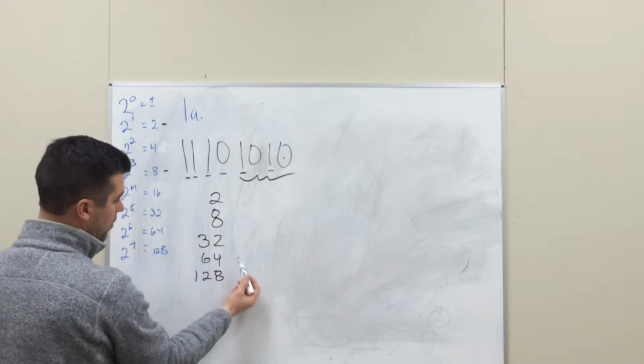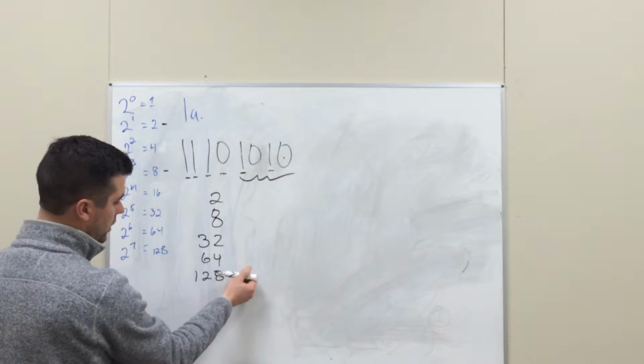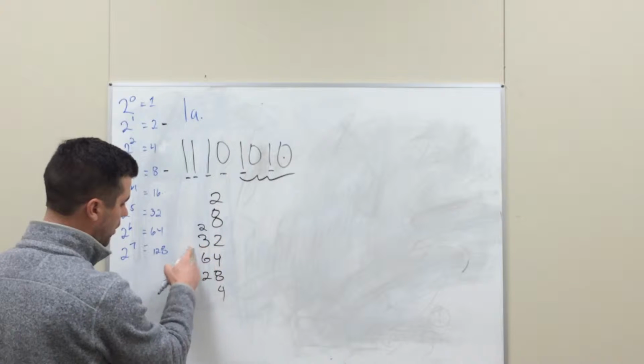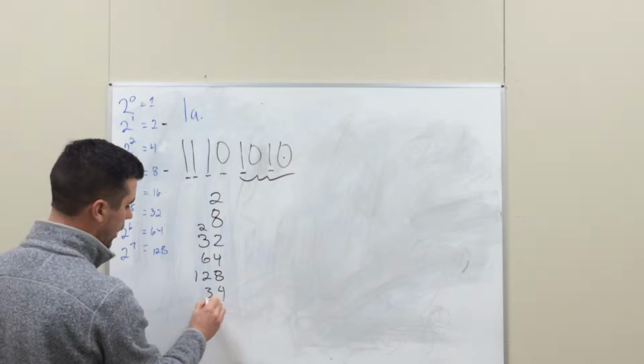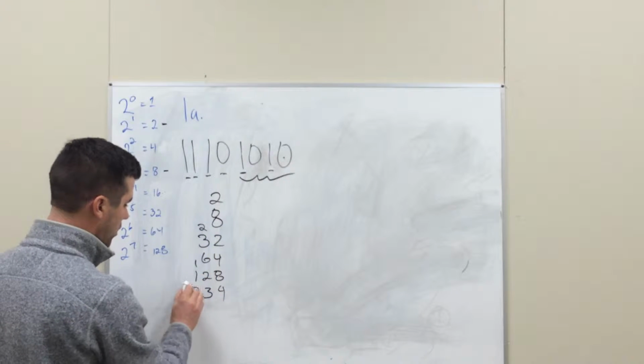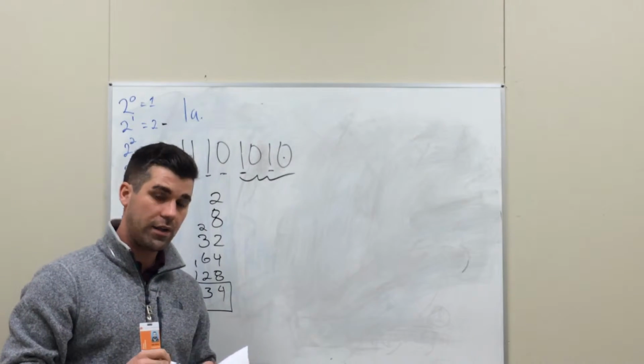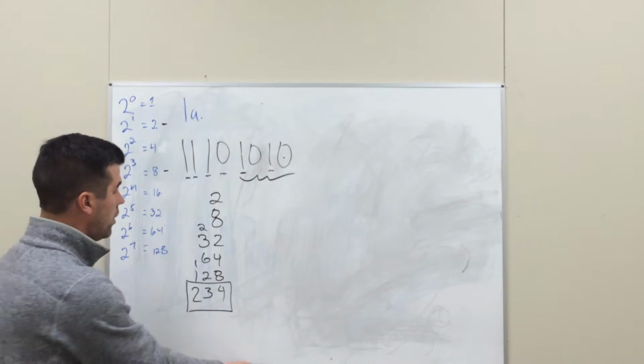So you add these up, 10, 12, 16 plus 8, 4 with a 2 here, 5, 11, 13 with a 1, carry 234.